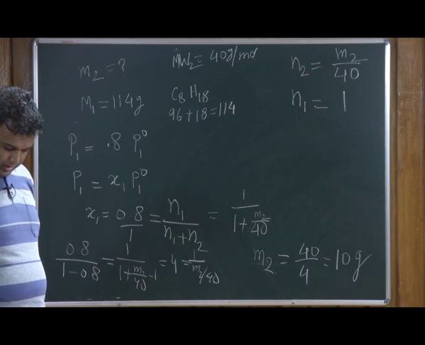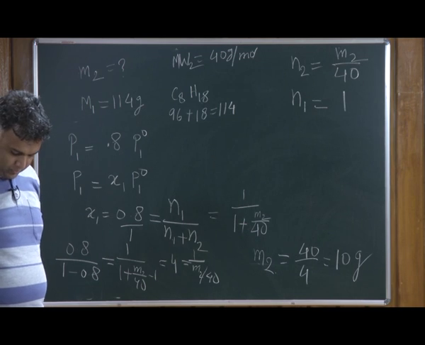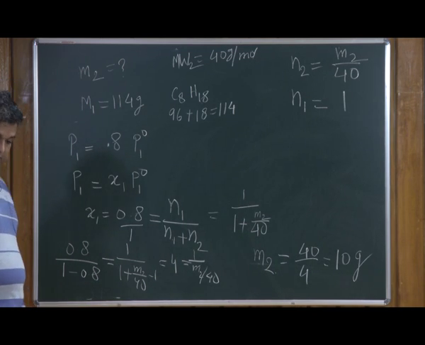Further, 18 gram of water is then added to the solution, and the new vapor pressure becomes 2.9 kilopascal at 298 Kelvin. Calculate the molar mass of the solute and the vapor pressure of water at 298 Kelvin.